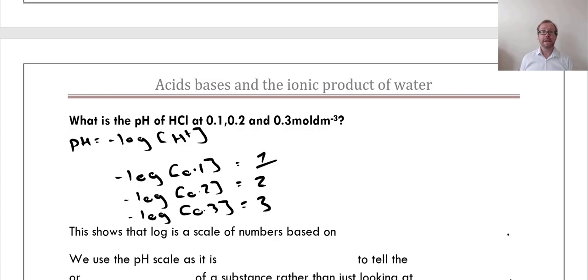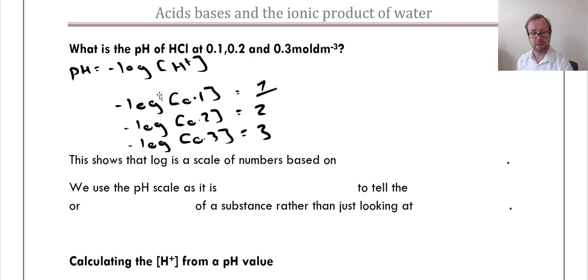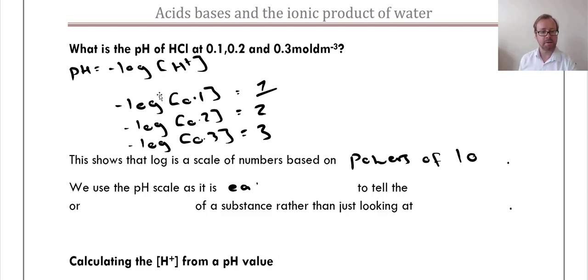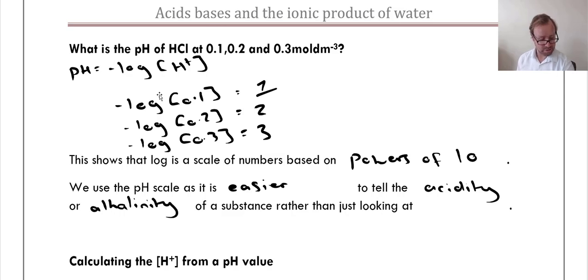So this tells me something. This tells me that log is a scale of numbers based on powers of 10. And we use the pH scale as it is easier to tell the acidity or alkalinity of a substance or a solution, rather than just looking at the H+ concentration.